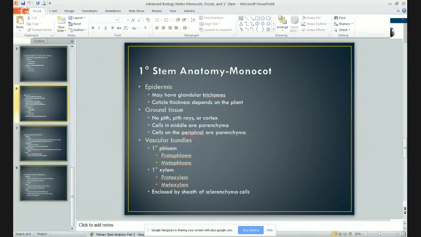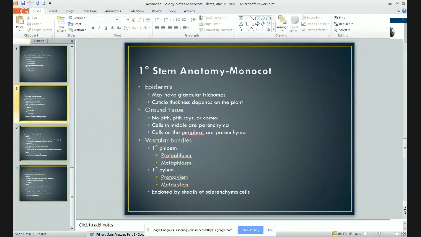You can kind of see that the vascular bundles are just kind of put wherever. They don't have a particular orientation. They're literally just spaced throughout. There is no pith, which also means there's no pith rays. And there's no cortex, that outer tissue between your vascular bundles and your epidermis.